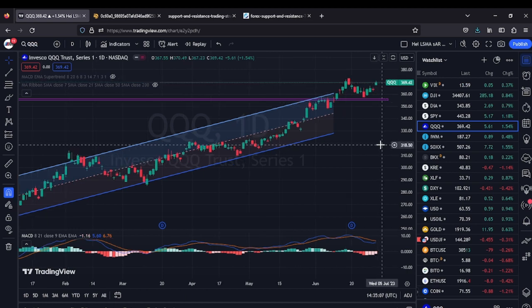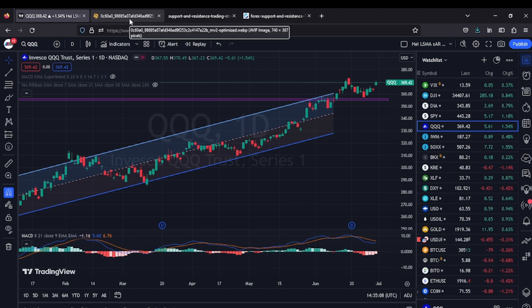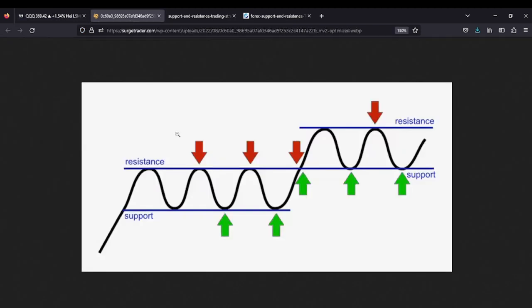So, support and resistance. Pretty fundamental, but it gives you areas to play with and a better picture of where price action is, where people are selling and where people are buying at these important points. You make these lines that either touch a lot of tops or touch a lot of bottoms.